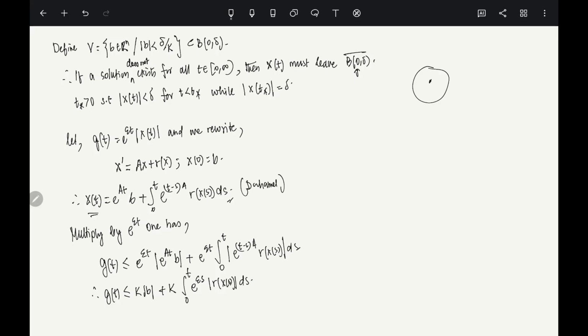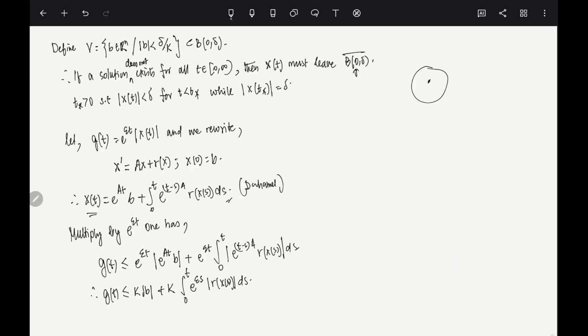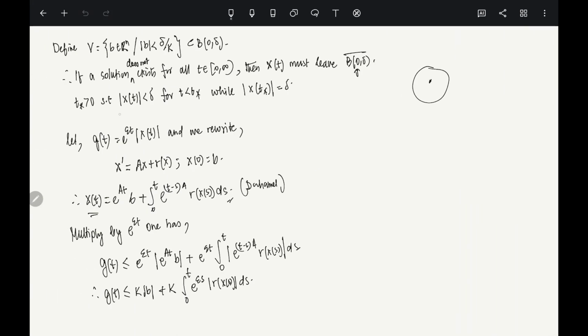Is it okay? Just by using that bound. So you see, for t less than or equal to t star, the solution is less than delta, right? It stays inside that ball. And at t star, it touches the boundary, and after t star, it just flows out. That's what we are saying.